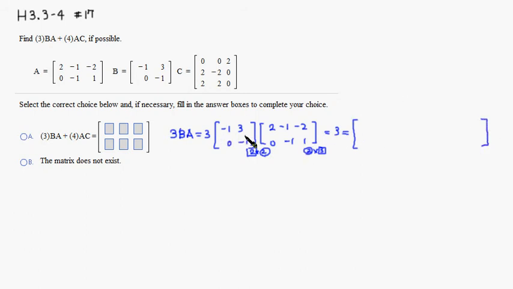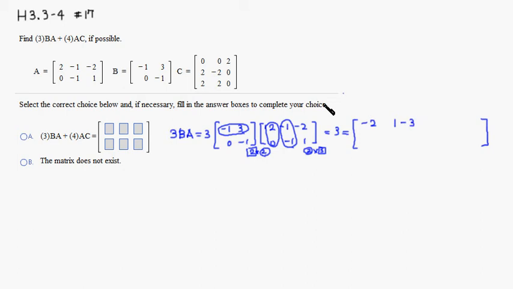Alright, so you always multiply a row of the first matrix with the columns of the second matrix. Right, so negative 1 times 2 plus 3 times 0 is negative 2. Then for the second column, negative 1 times negative 1 is 1, plus 3 times negative 1, so it's minus 3.